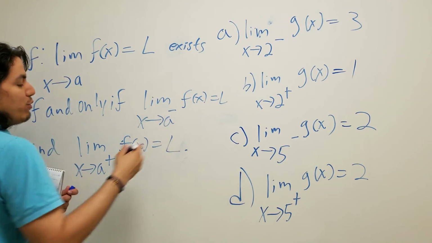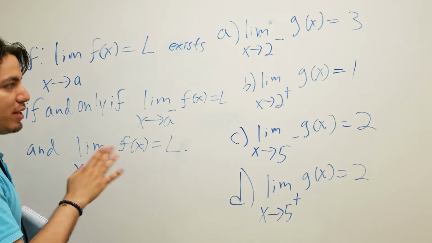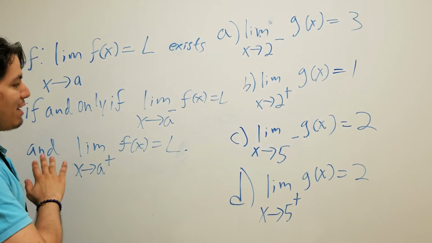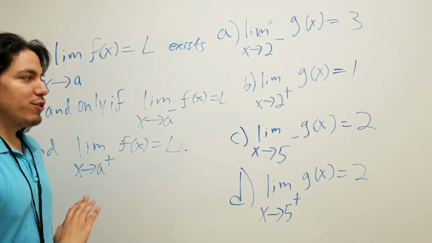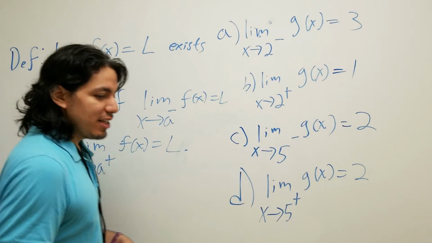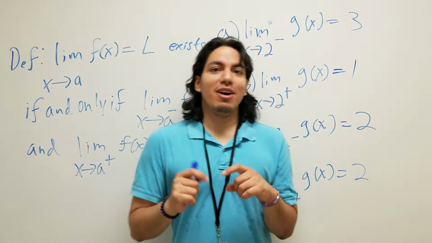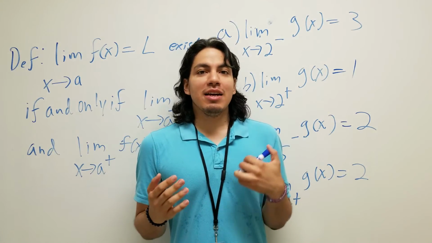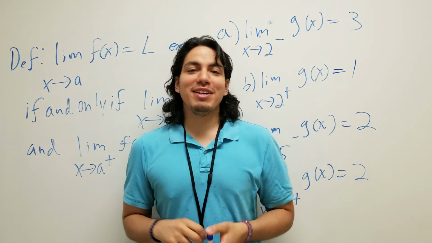When we say L, we're just talking about the output. The output is the same thing. It should be the exact same thing. We shouldn't have anything different. And if we do, we have a problem. So that's the idea, the concept of left hand and right hand limits. Again, this is my left, this is my right.